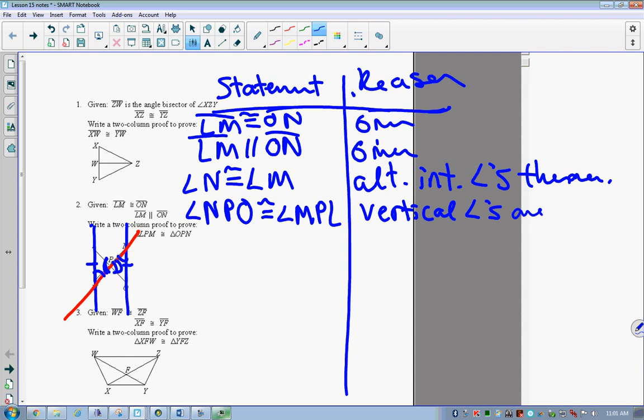Vertical angles are congruent. Okay? Now, there's two different ways that you can go about this. For instance, we don't have any rules for side angle angle or angle angle side, I don't believe. All right. So if you're going to use the vertical angle, you still have to find the third angle.